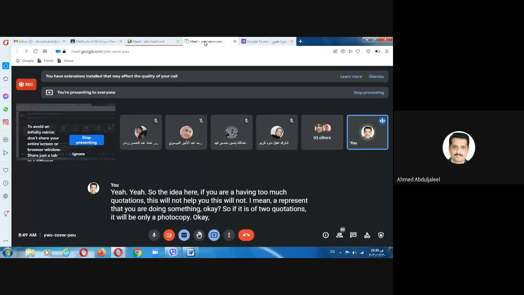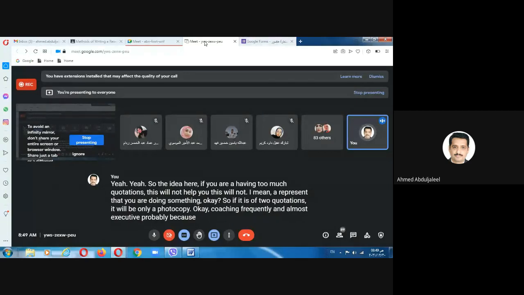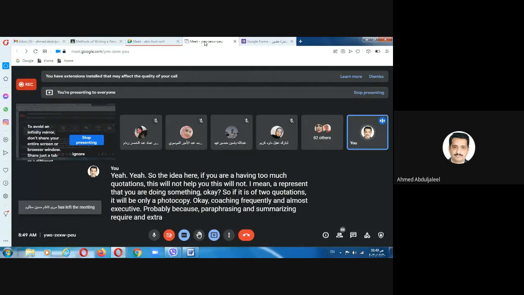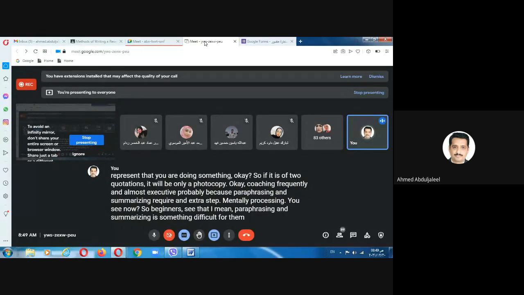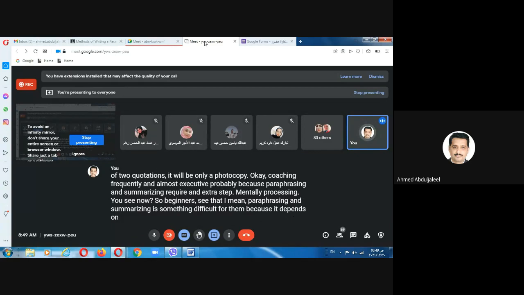Quoting frequently and almost exclusively, probably because paraphrasing and summarizing require an extra step, mental processing. So you see now? Beginners see that paraphrasing and summarizing are difficult for them because they depend on their own style, and this needs some development.